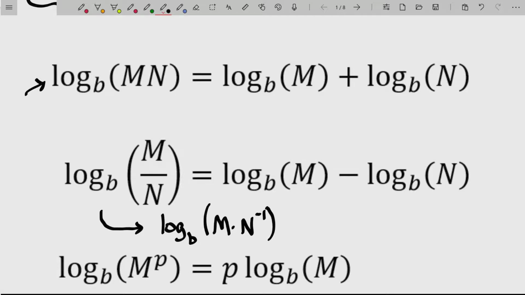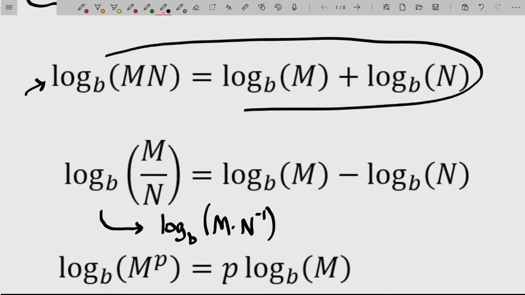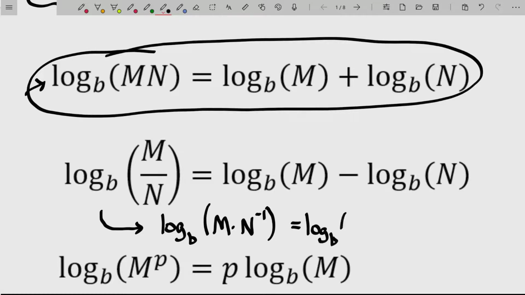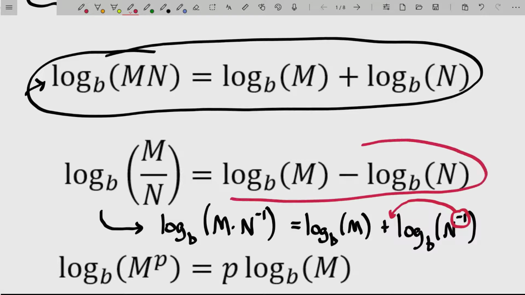Because again, we have that property of exponents that if you have something in the denominator, you can move it to the numerator and throw a negative into its exponent. And of course, then we could use this property to break that apart. So this would be the log base b of m plus the log base b of n to the -1st. And then you could take that -1st power and pull it out in front of that logarithm. And you would get this result.